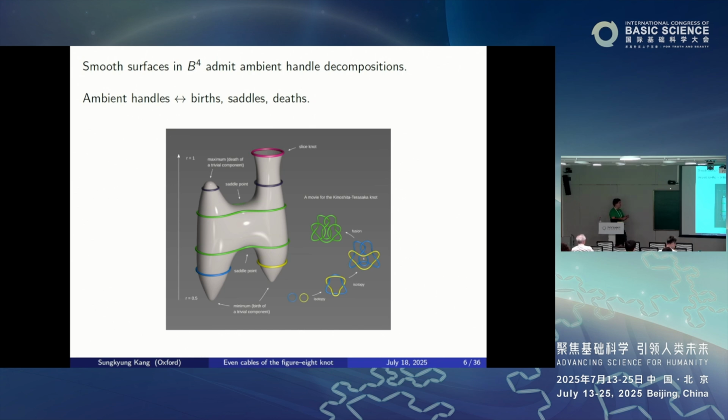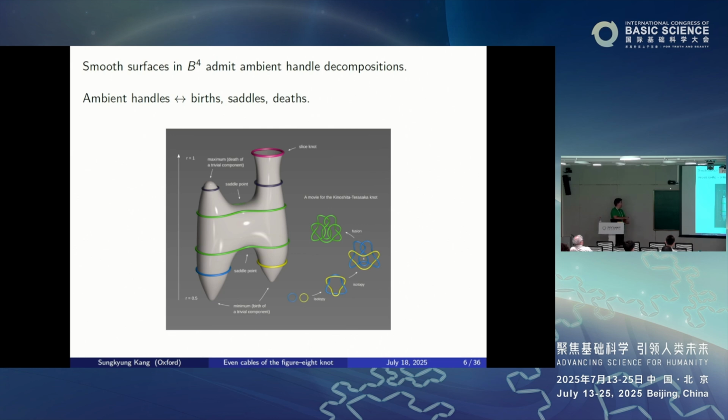An unknot component, which is separated from all other components, can be eliminated. And in the middle, you will have a lot of saddles. A saddle is a local move, like going from this one to this one. You're adding a square. It can merge 2 components into one or split 1 component into 2.